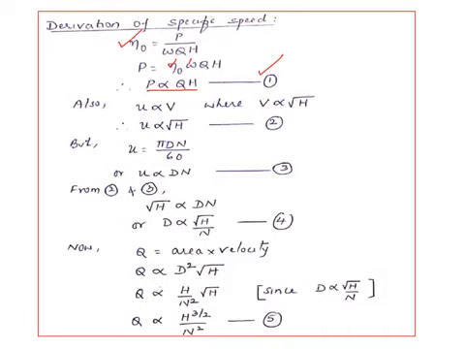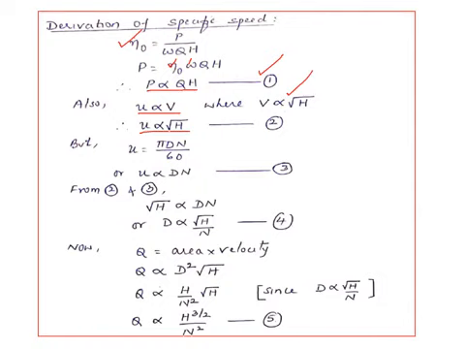You also know that V is equal to Cv root 2gH. Therefore V is proportional to root 2gH. Also we have the speed ratio, where U is equal to speed ratio times root 2gH. So U is also proportional to root H, and therefore U is proportional to V. Since V is proportional to root H, U is proportional to root H. That's the second equation.